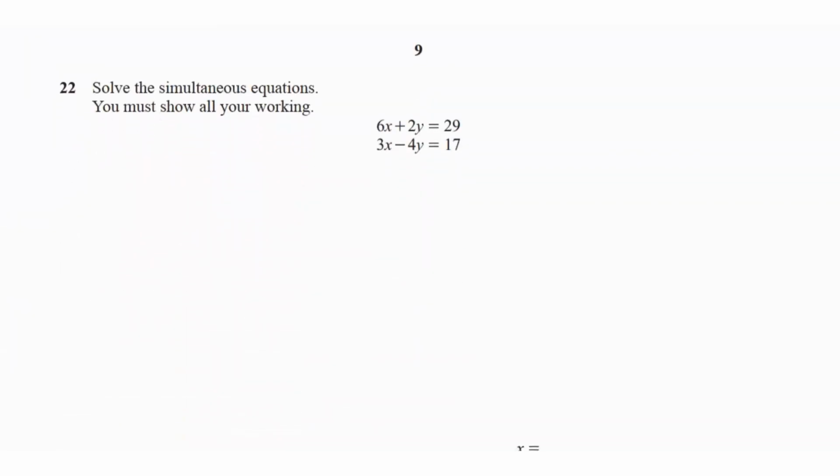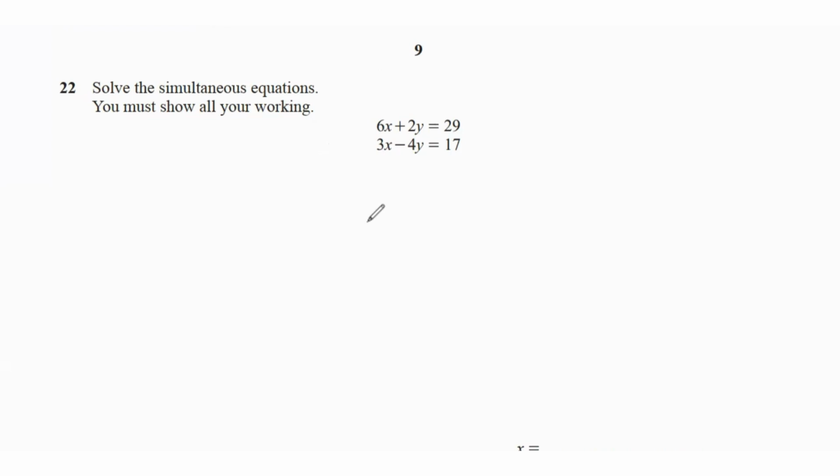Next question says, solve the simultaneous equations and you must show all your working. You can use either the substitution method or the elimination method to solve the simultaneous equations. If you want to use the elimination method, that's perfect, because there's no variable which has a coefficient of 1.